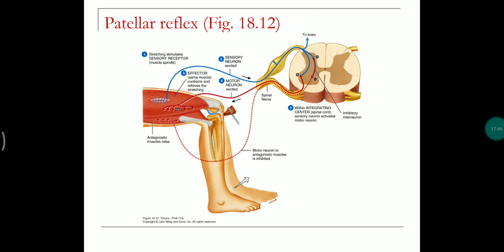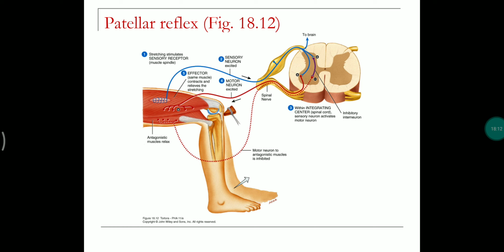Here we can see examples of the patellar reflex and plantar reflexes. The patellar reflex can be tested by tapping the tendon of the patella. When we tap the patellar tendon, the receptor near the tendon acts as the sensory receptor.